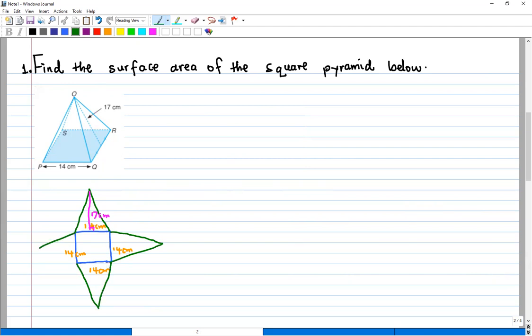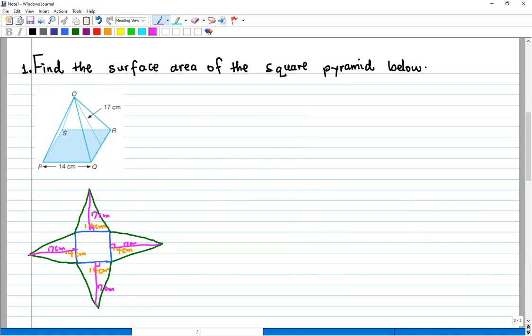Also, this is the slant height, 17 centimeters, 17 centimeters, and here also 17 centimeters. So now that is the net of this pyramid.